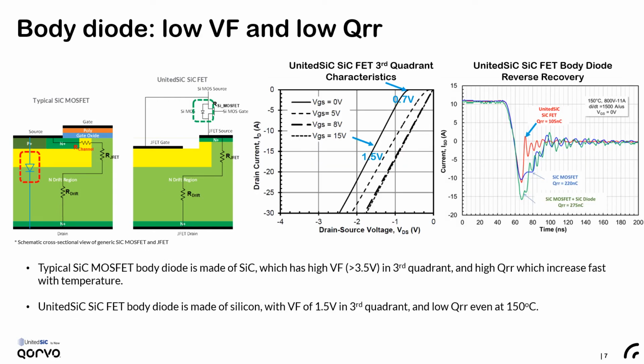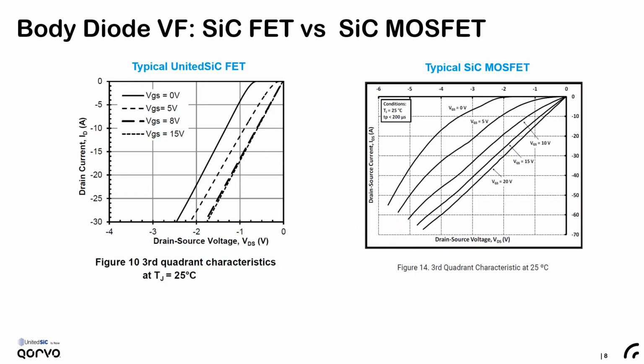Like stated in previous slides, the cascode structure also enables lower third quadrant conduction loss when synchronous rectification is not applied, because the JFET channel is always on. The silicon carbide MOSFET has a high-voltage body diode that typically has much higher voltage drop. The silicon carbide JFET has no body diode, and the reverse recovery charge in the silicon MOSFET is very small because it is a low-voltage MOSFET.